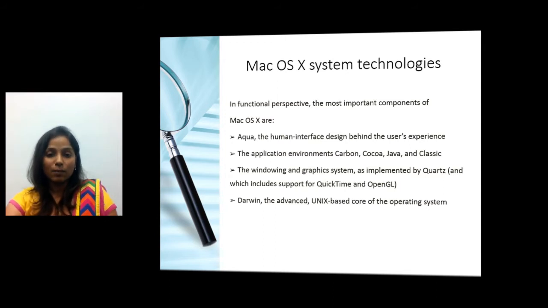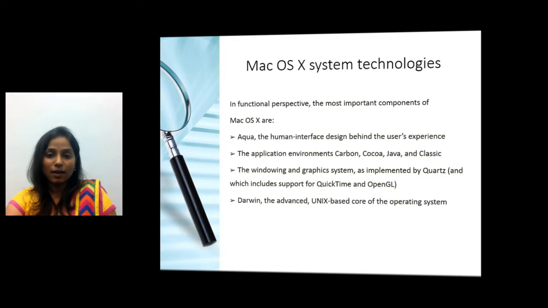The level higher above is the windowing and graphic system, which is implemented by the technologies called Quartz, QuickTime, and OpenGL. The graphic system in Mac OS is highly transparent, and this killer graphics revolutionized personal computers.